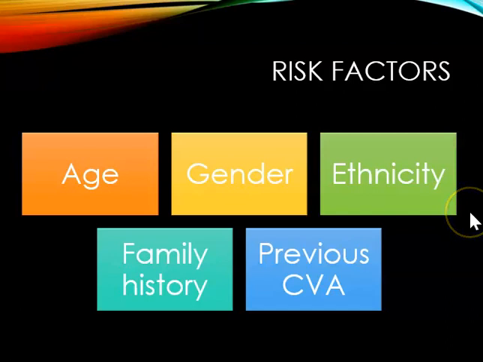In ethnicity, African Americans are twice as likely to have a stroke, and that's due to hypertension. Family history can also be an issue. Think about how family history relates to hypertension and other diseases like diabetes that are going to increase your risk factor. Also, previous CVA. Patients that have already had a CVA are more likely to have a second one.